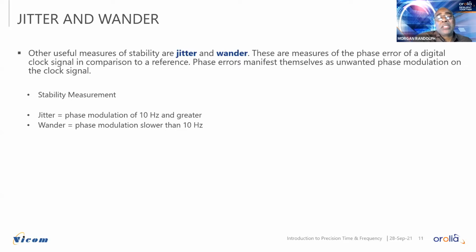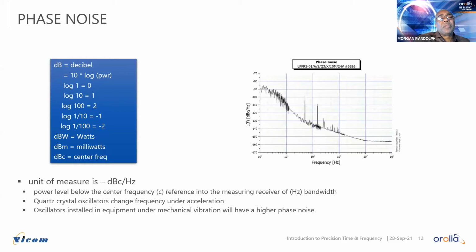There's a number of ways that's manifested: delay, noise, jitter. That's all going to affect the timing and how accurate it is. You've got phase noise, measured in decibels, which is logarithmic. It can also be measured in watts, milliwatts, and a center frequency.